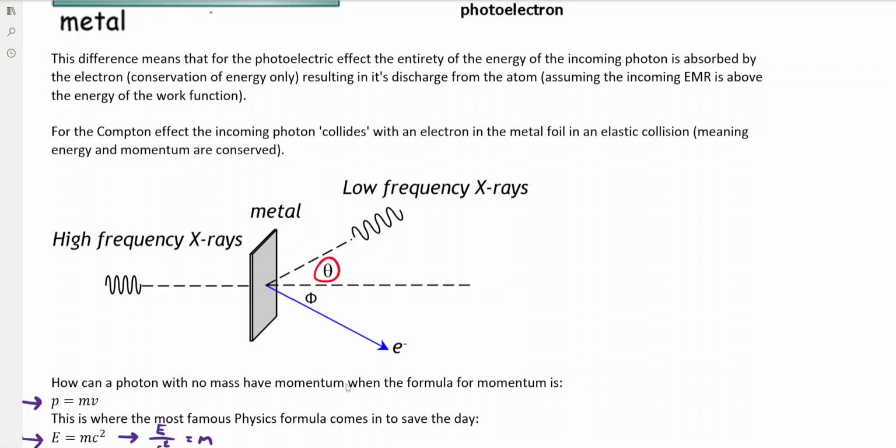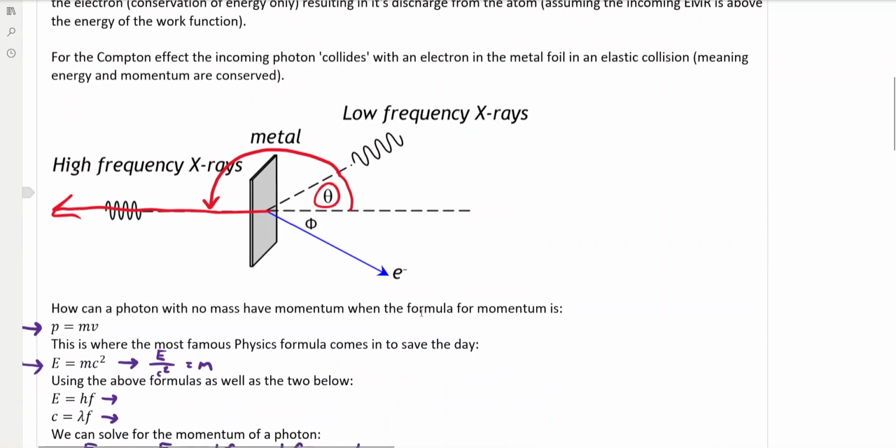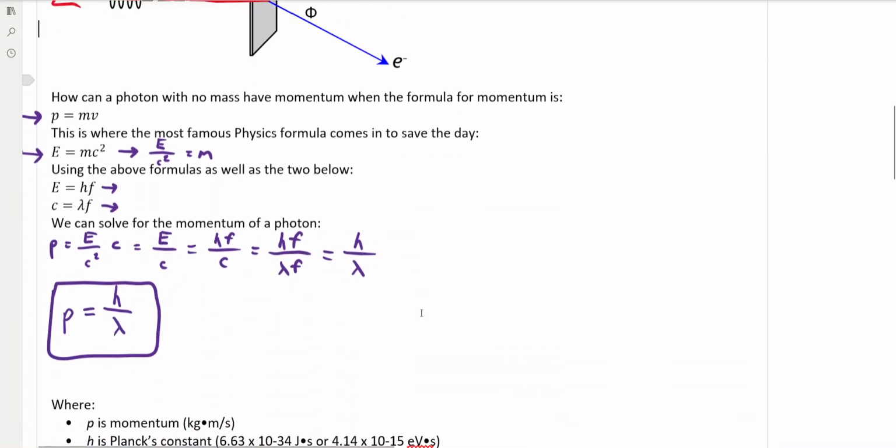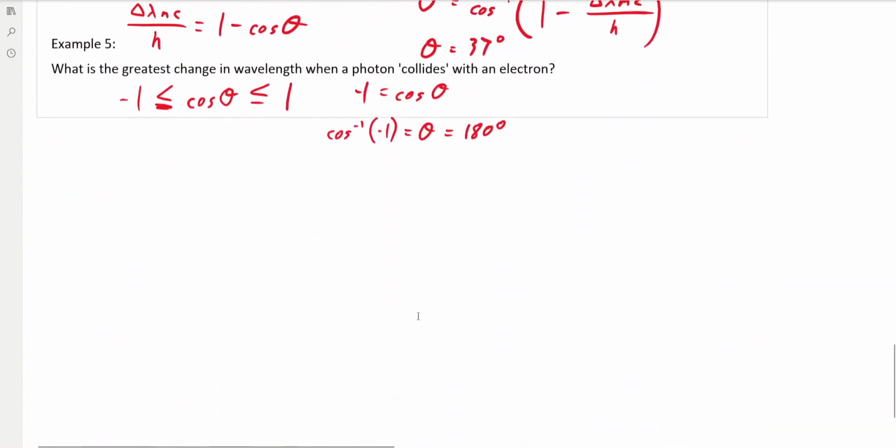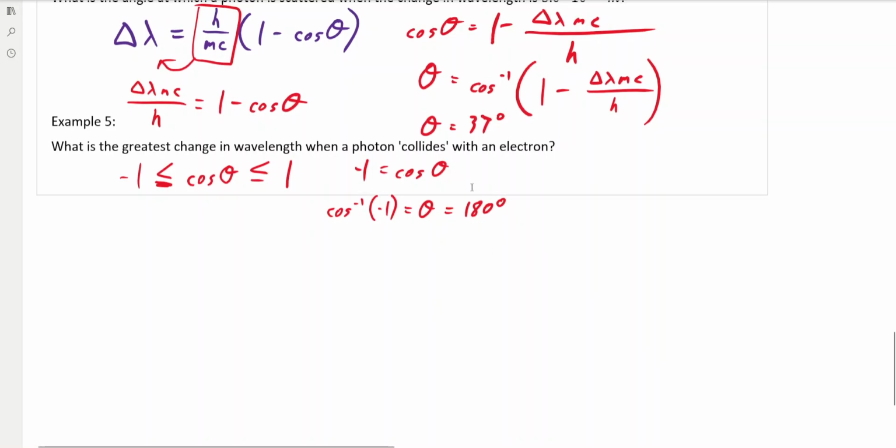The angle that it is scattering from the normal line, from where it would go otherwise. Now, if this angle is 180, that means it's going all the way around and scattering straight back where it came from. That is the most it can scatter, going straight back. That means it's imparted the most amount of momentum. So that's what we're talking about here, 180 degrees.